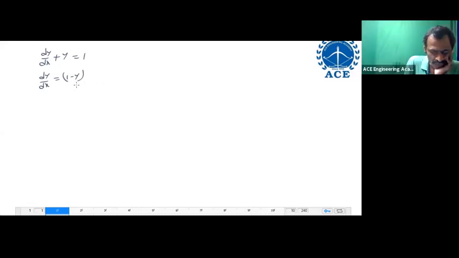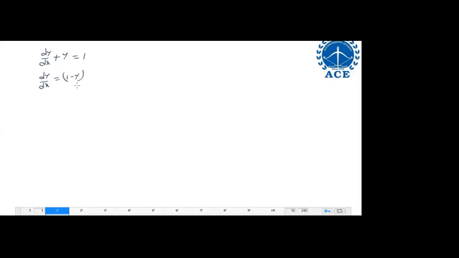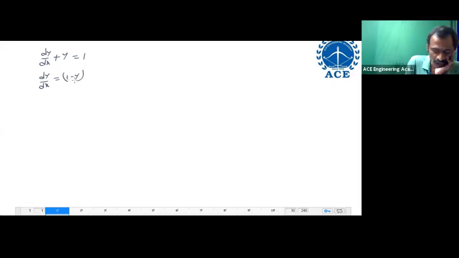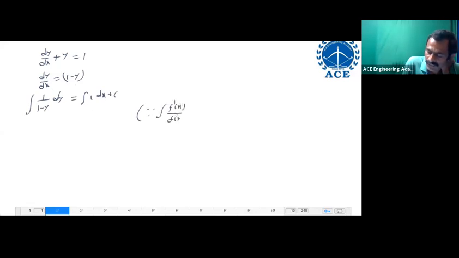Do you want the solution for this? Variable separation method, sir. On the right hand side we have only 1 minus y. So 1 by (1 minus y) dy equal to the integral of 1 dx plus c. This is in the form of 1 by x, right? But we have another function, 1 minus y. So here we use this method: the integral of f dash of x by f of x dx is equal to log of f of x.